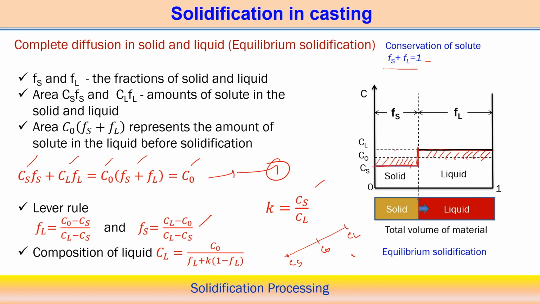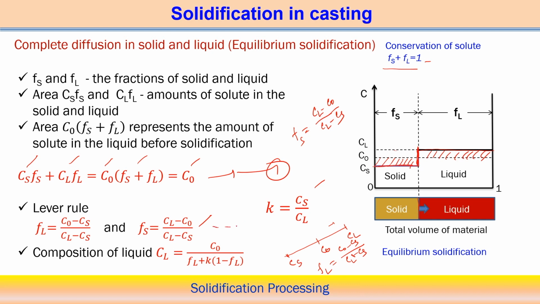So if we apply the lever rule, the liquid fraction Fl is C0 minus Cs by Cl minus Cs, and the solid fraction Fs equals the other side, Cl minus C0 by Cl minus Cs. This way we can calculate the solid and liquid fraction by applying the lever rule.